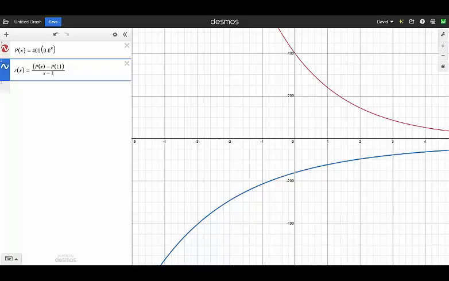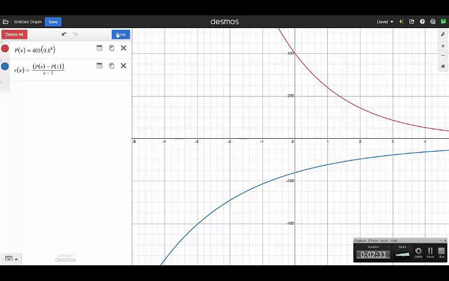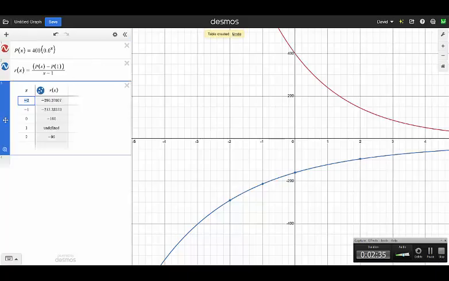So, now let's see what we do. So we're making a table of values. So we go here and we just take this and we can make a table of values.